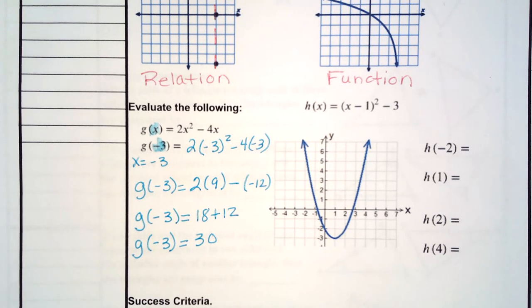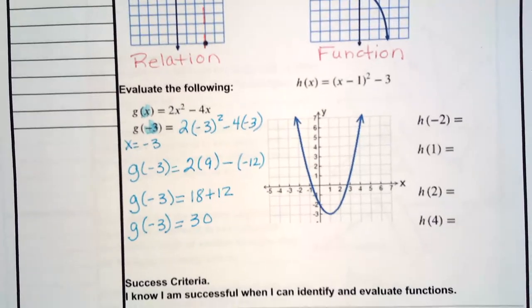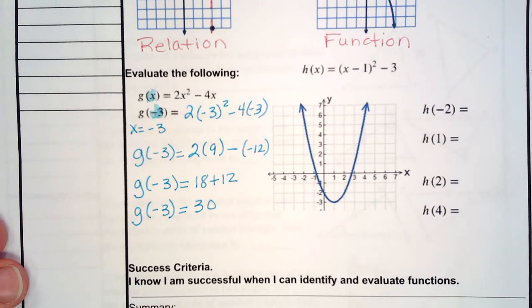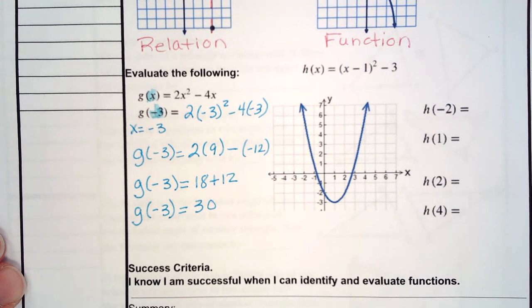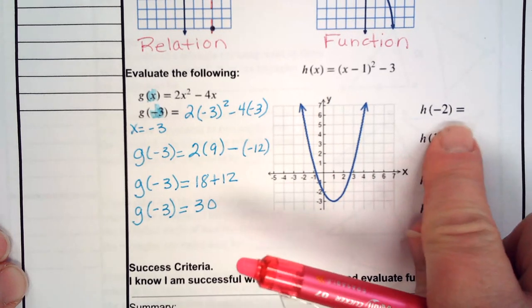So if you're looking at the equation, you're going to use substitution. Whatever's in parentheses after the g or after the f, whatever function you're looking at, that's what you put in for the x value. So for a graph, as I'm looking at this, h of negative 2.